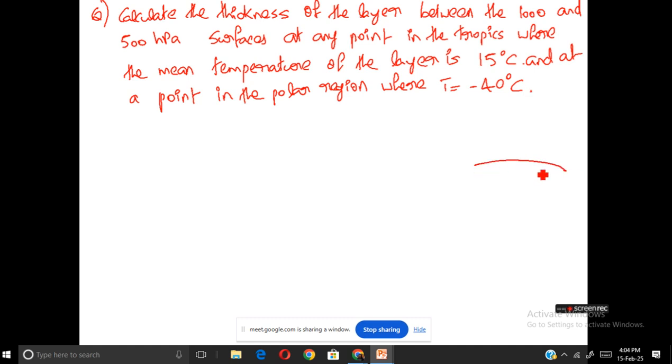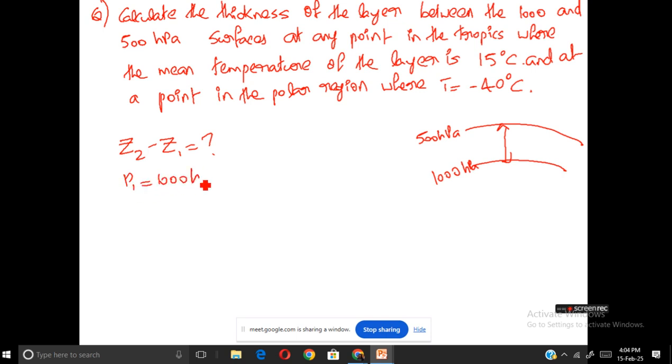So there are two layers. This is 1000 hectopascal and then there is another layer, 500 hectopascal. So basically we want to find the thickness between these two layers, which is Z2 minus Z1. P1 is 1000 hectopascal and P2 is 500 hectopascal.